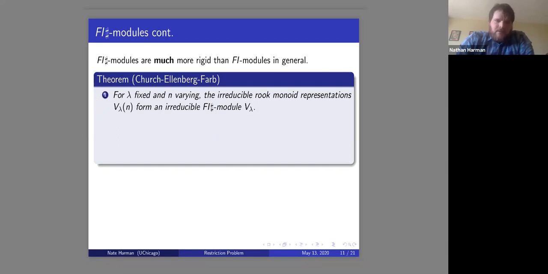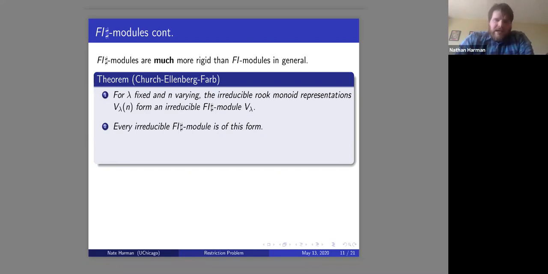Okay. Moreover, this is everything. These are all the irreducible representations of FI sharp. So nothing was missed in our analysis of what happens for a single n.